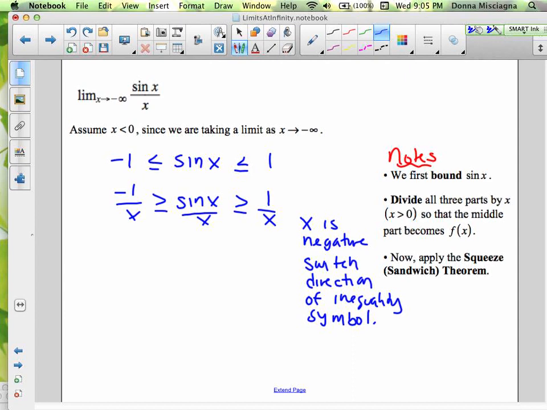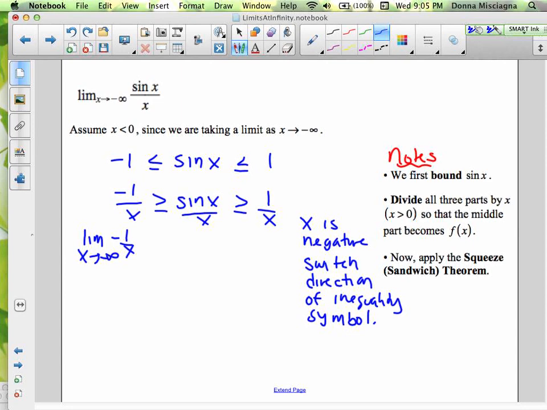All right? And now we're not saying something that's untrue. So now we'll find the limit of negative 1 over x as x approaches negative infinity. It doesn't matter whether you're approaching positive infinity or negative infinity.